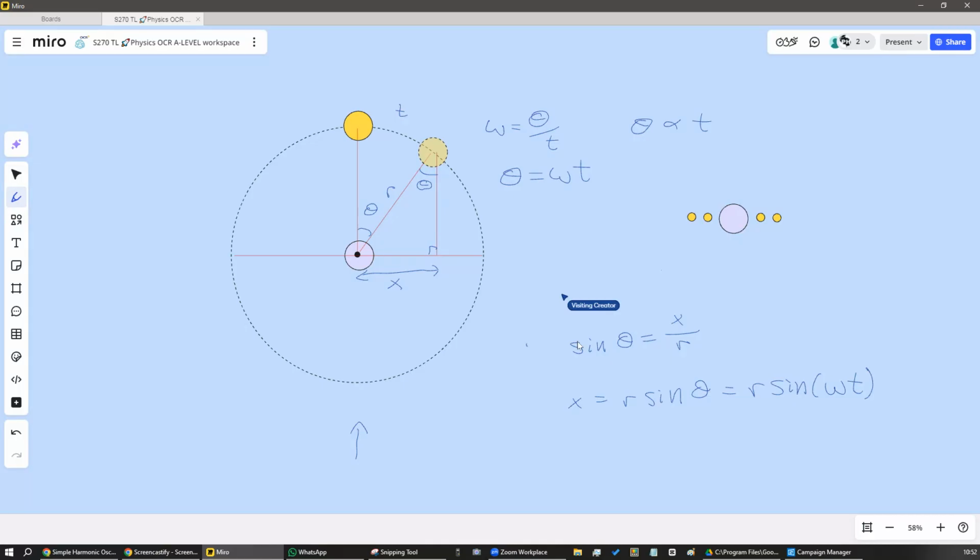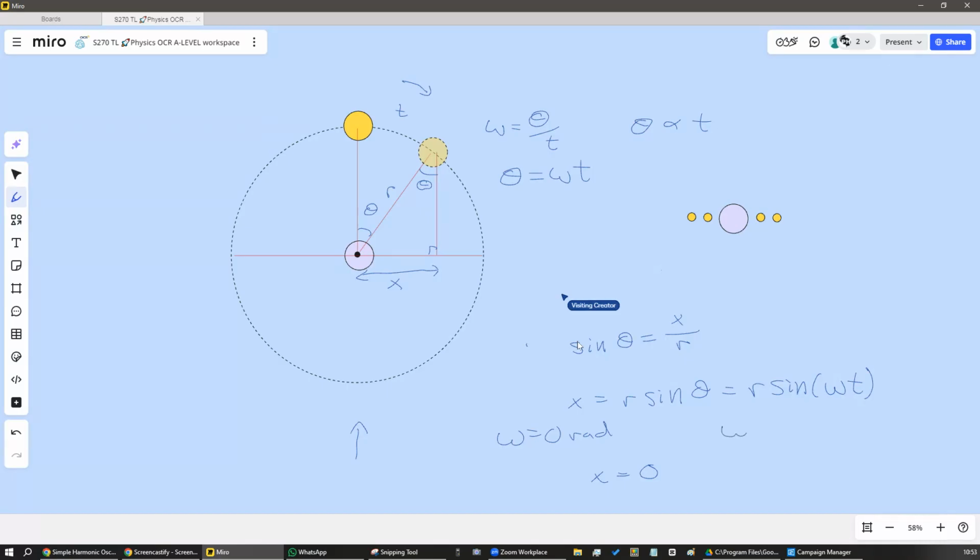If we imagine the beginning point, say this is moving clockwise, then when omega t is 0 radians, x would be equal to r sine 0, so x is going to be 0, and that's what it looks like because x is at the middle point.